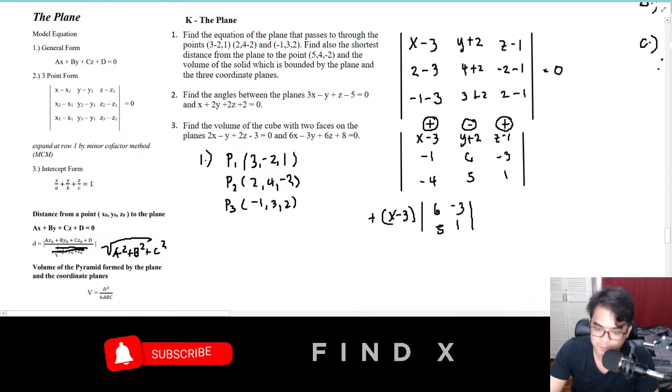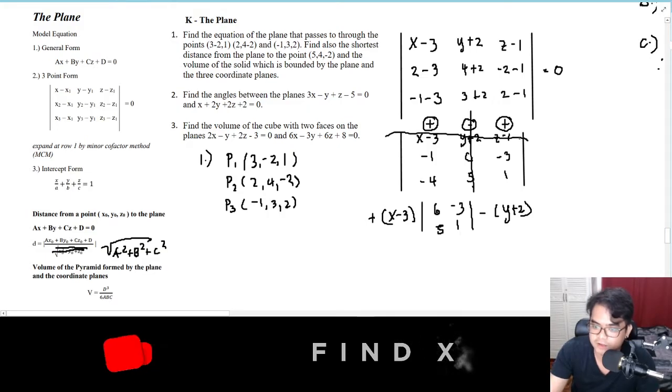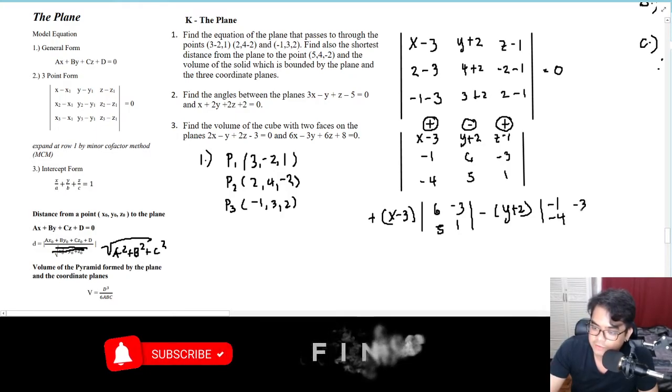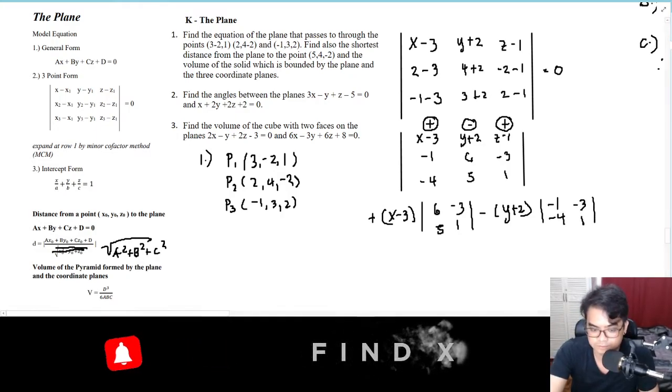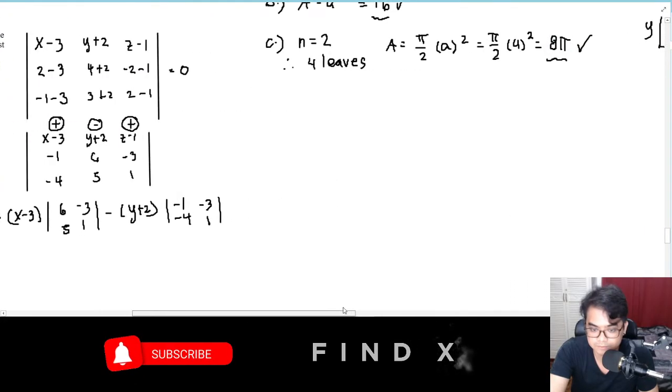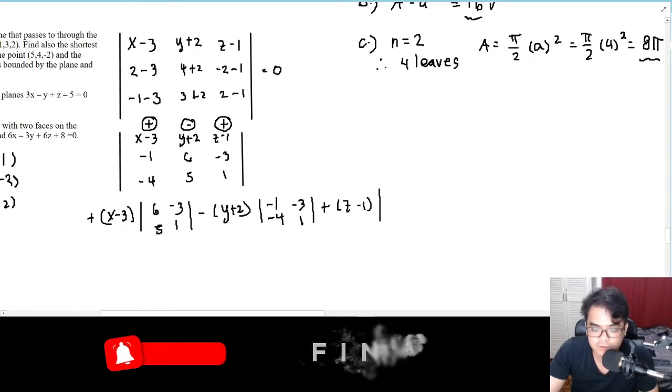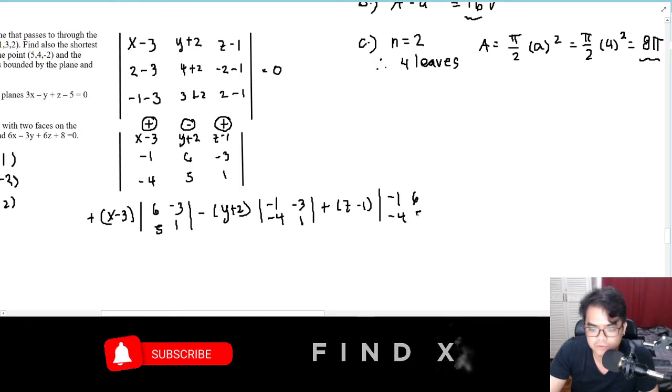So negative y plus 2, and you'll be left with negative 1, negative 4, and negative 3, 1. Next is positive: z minus 1 times negative 1, 6, negative 4, 5.